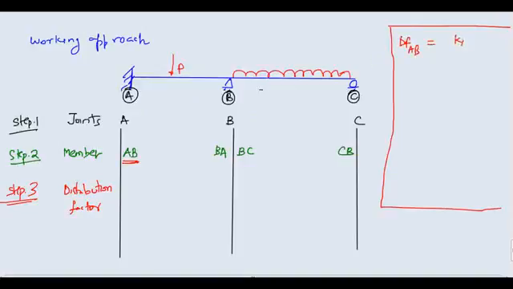What is the formula? The stiffness of AB divided by the stiffness of all the members joining node A. There is only one member connecting A, that is AB only, so I will write K_AB. So the distribution factor of AB is 1. I hope you are able to understand.